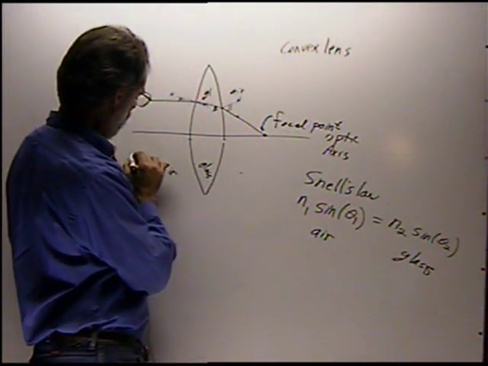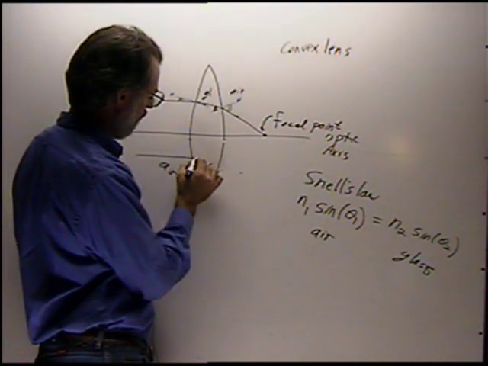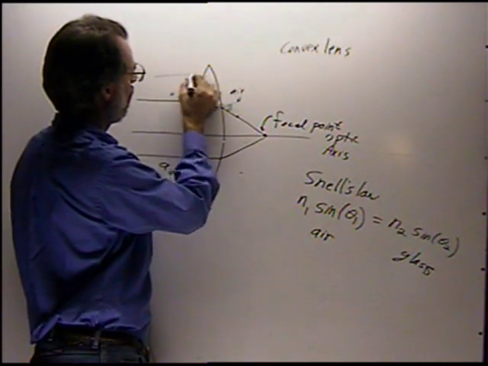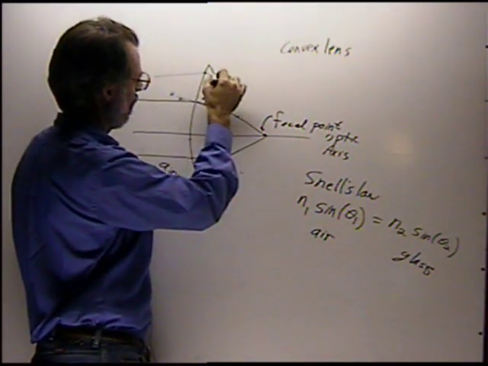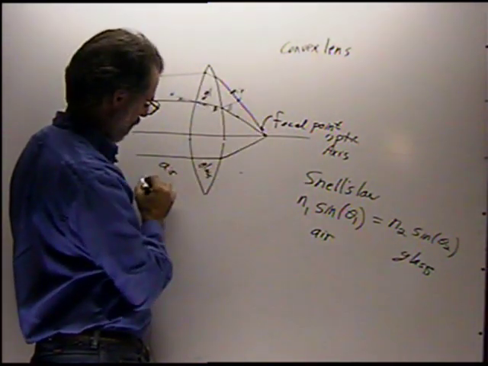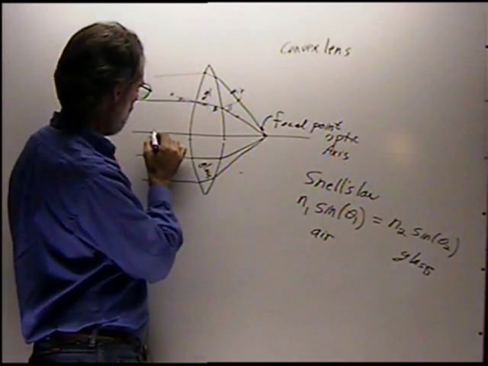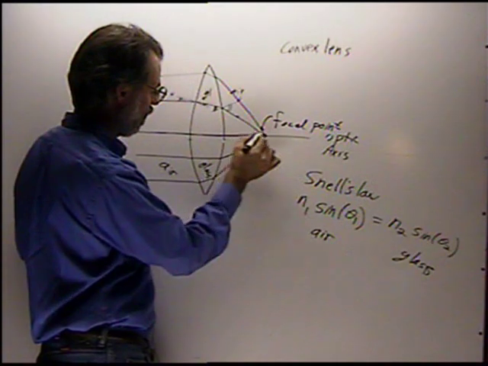And so all incoming parallel rays get bent right into the focal point. Doesn't matter where you are, all the incoming rays get bent right into the focal point. Even a ray right along the axis just goes straight through.